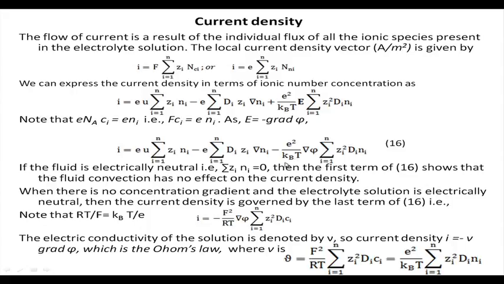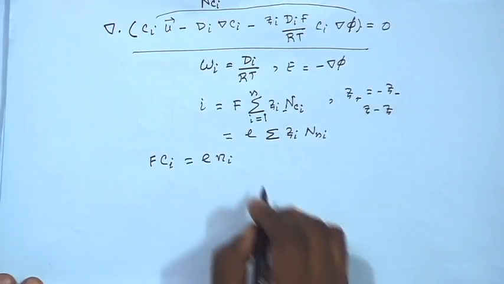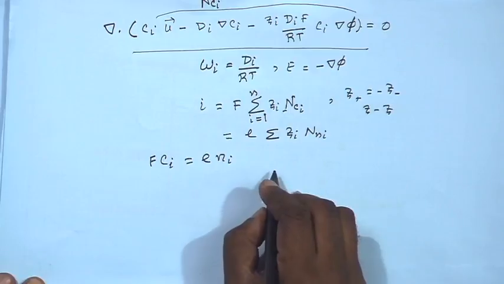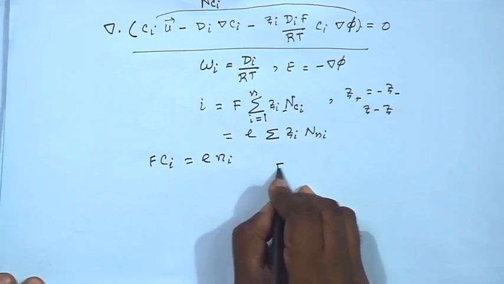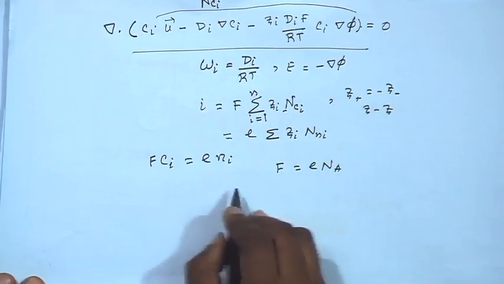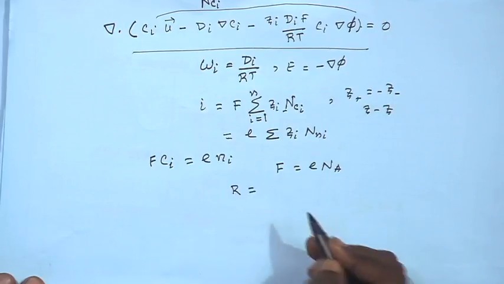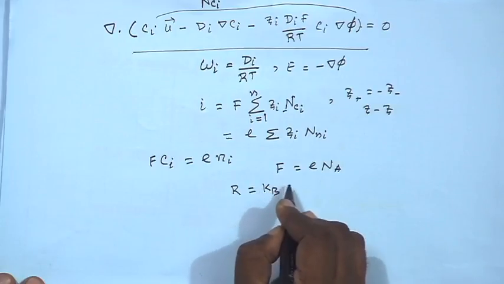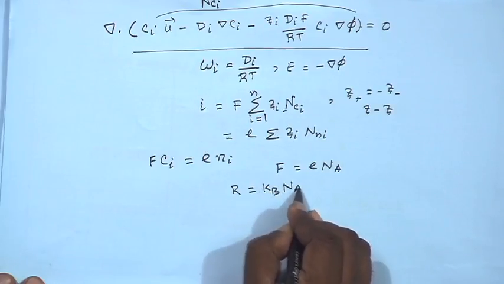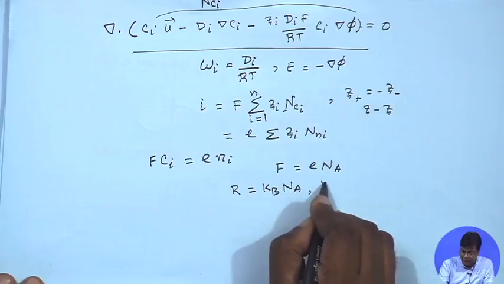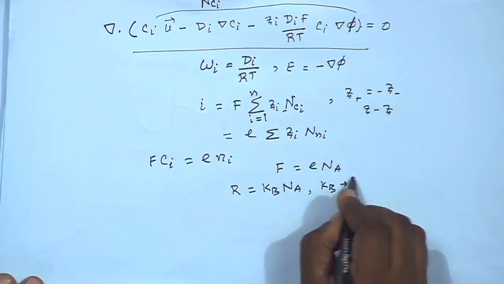Here I have written E by k_B T. We can note this relation: F is basically E times N_A, and R, the gas constant, is k_B times N_A, where N_A is the Avogadro number and k_B is the Boltzmann constant.